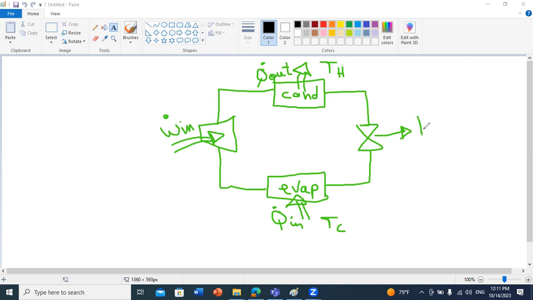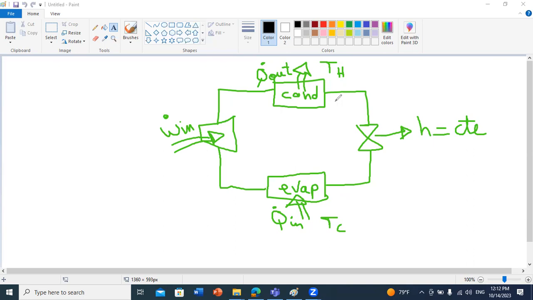This is the property of an ideal expansion through this throttle valve, which is h equal to constant. Once we describe this, you will be able to build your cycle, and we can consider the TS diagram, which will allow us to solve whatever we want.